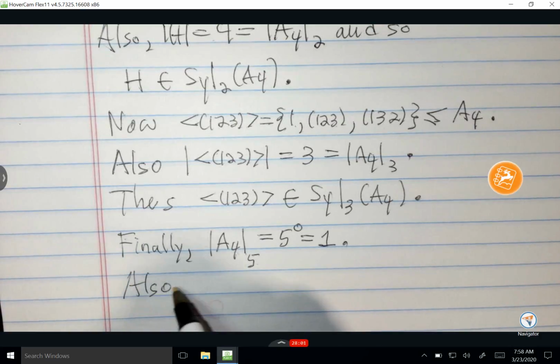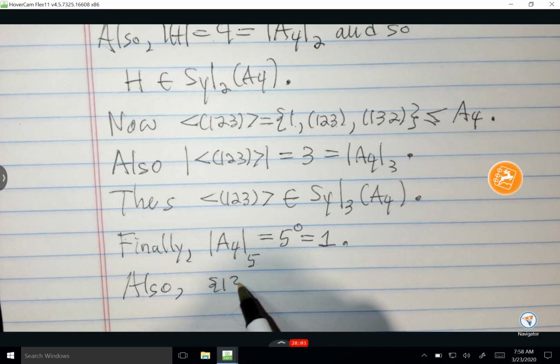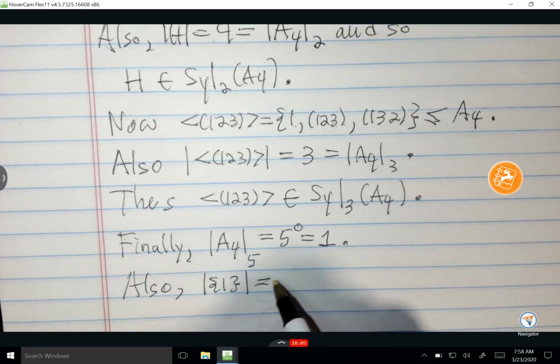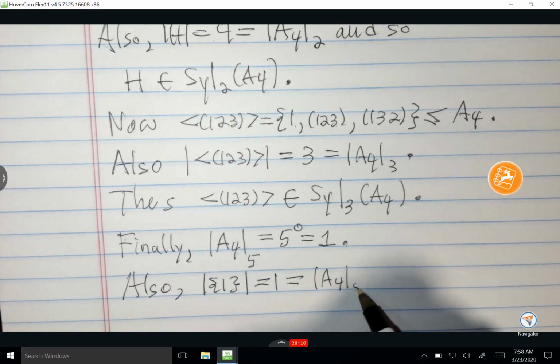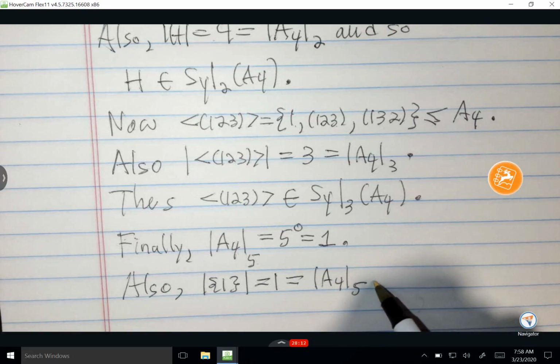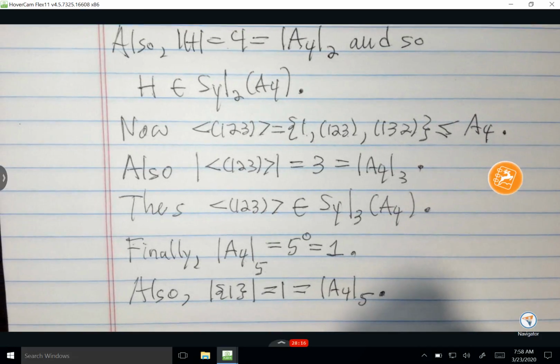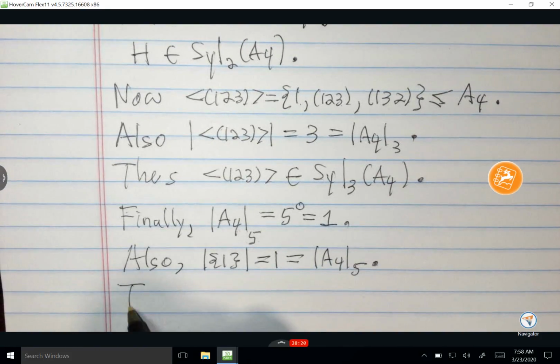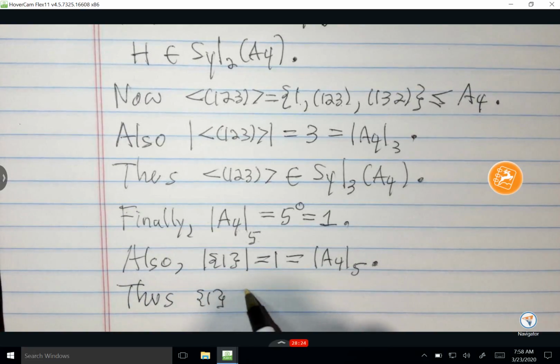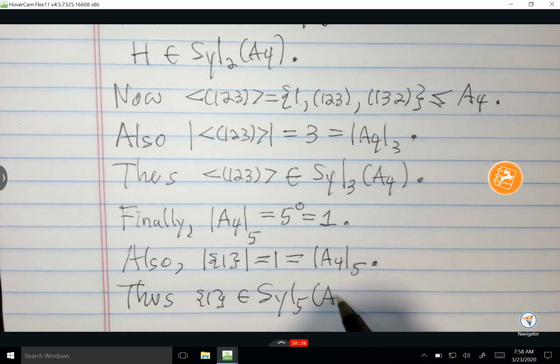Also, just the identity subgroup has order 1, which is the 5th part of A4. Put a period. Thus, the identity is a Sylow 5 subgroup of A4.